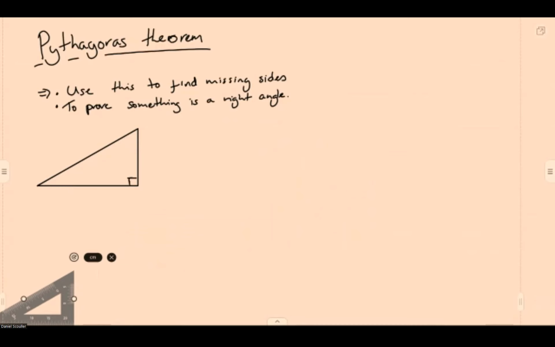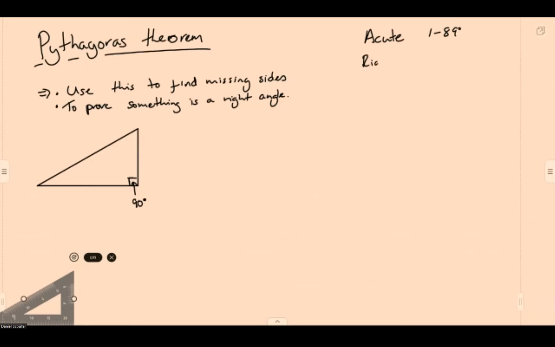The right angle is sometimes illustrated with a wee square, and a right angle is an angle of 90 degrees. So you've got different types of angles. You've got acute, which is 1 to 89 degrees, anything under a right angle.